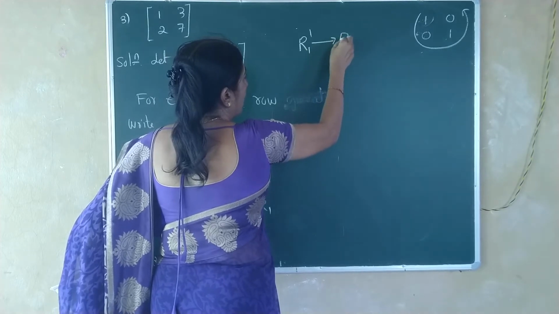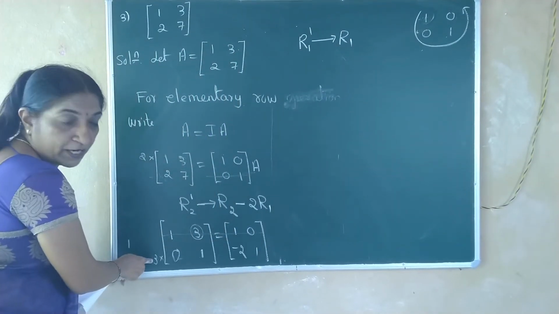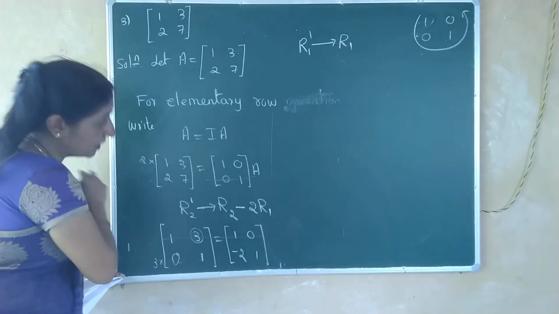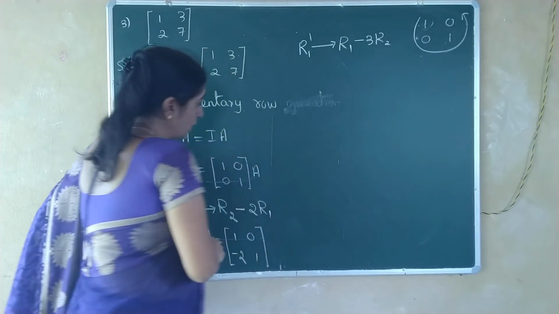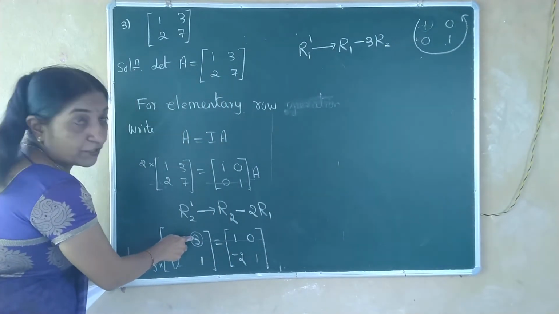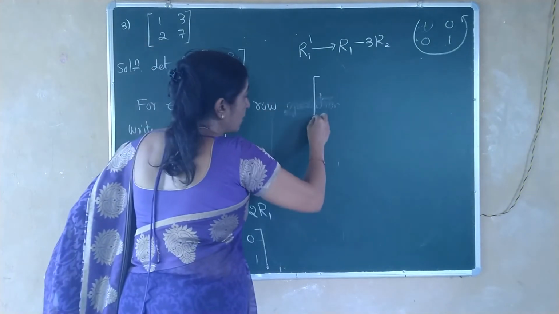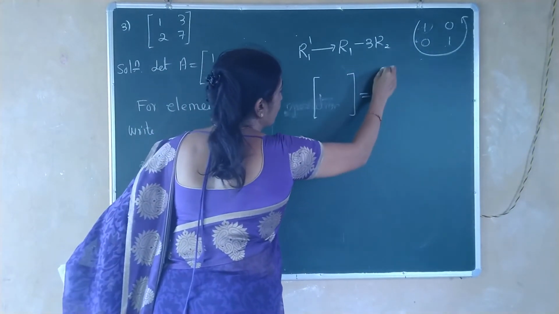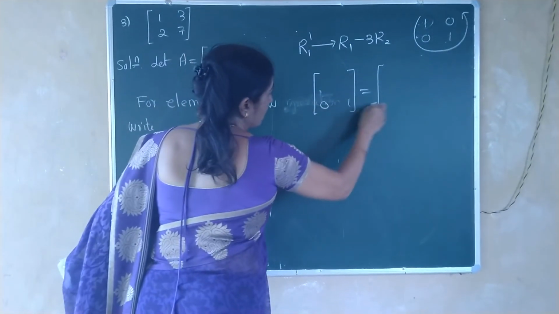We have to write R1 first. Then which number are you multiplying? 3. Why? Because here we are changing 3. Minus 3 R2, because it is a plus, we have to go for minus. So keep the second row as it is. We are changing the first row, so keep the second row 0 1, minus 2 1.